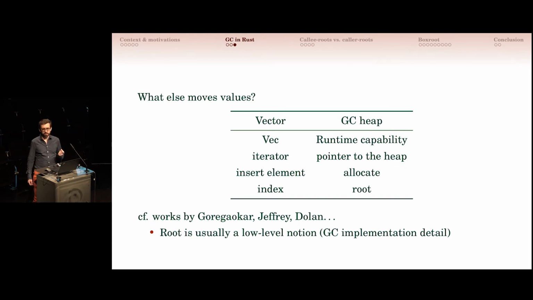Inserting an element is like allocating. And now an index for the vector is a name which is absolute, which does not depend on the location in memory. This will correspond to roots. A root is usually a low-level mechanism, and here we make it a language abstraction.